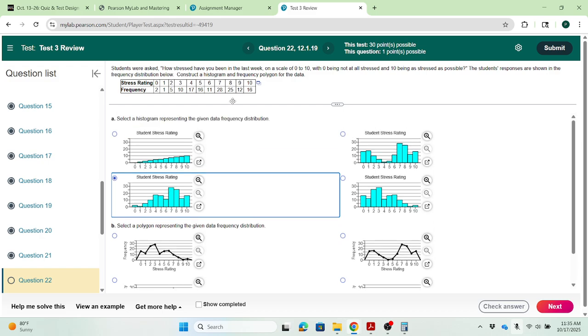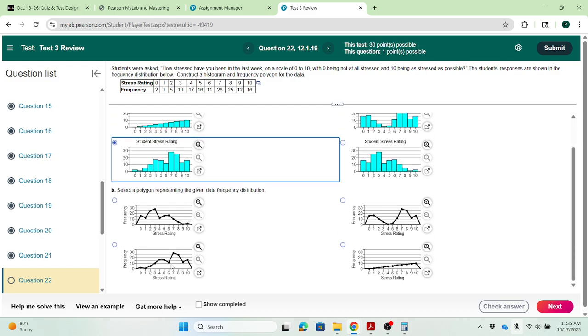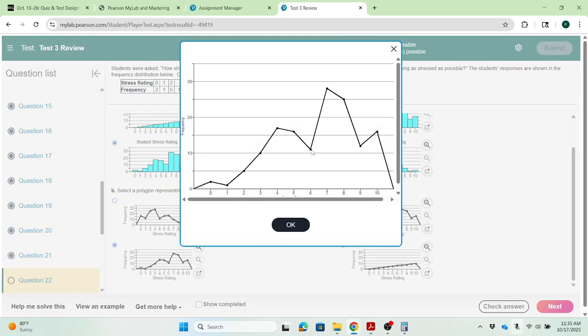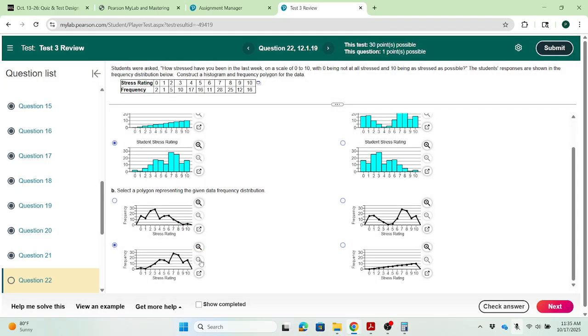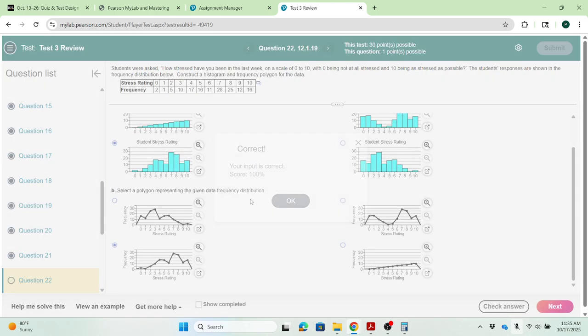At 6 it's 11, at 9 it's 12, and at 10 it's going up, and at 8 it's going down. This looks right. These are the two closest ones, but this one is not right because of the frequency at 5 and 4. So this is the right one.